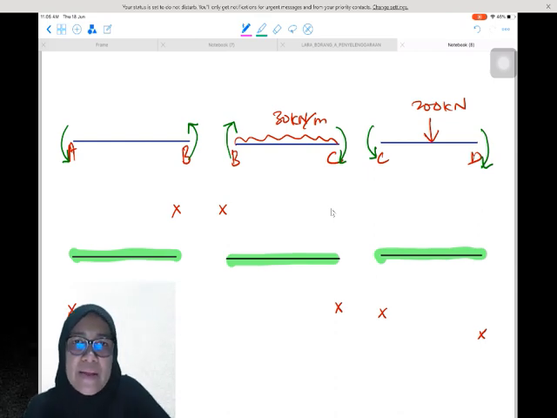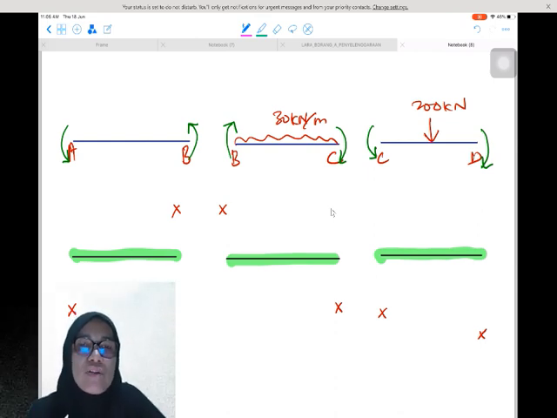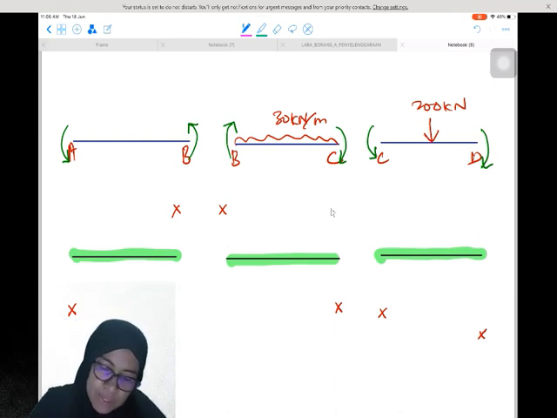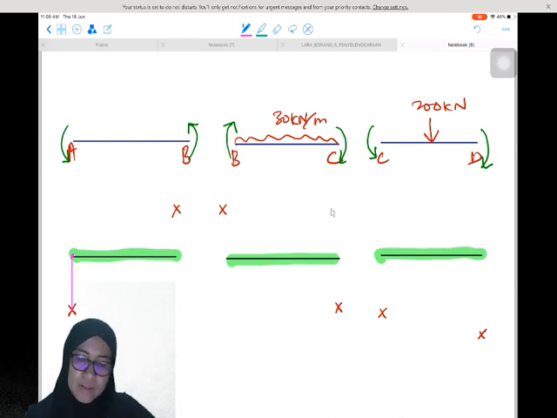Remember that for the diagram, we should start from 0 and end at 0. Start from 0 means here is 0, this is 0. Join with this one.